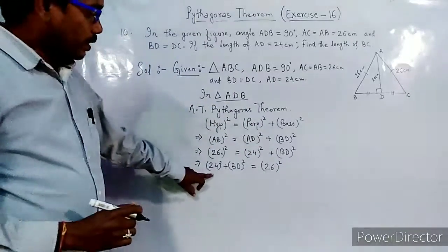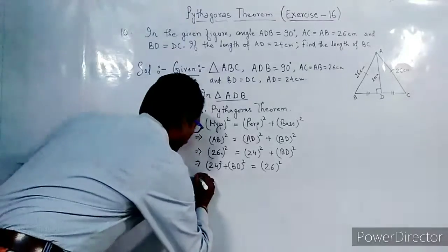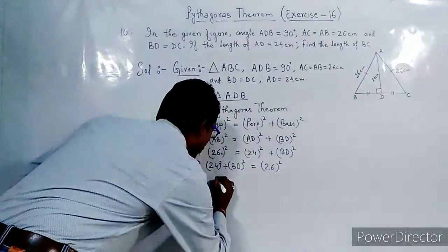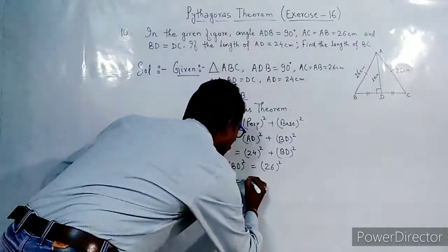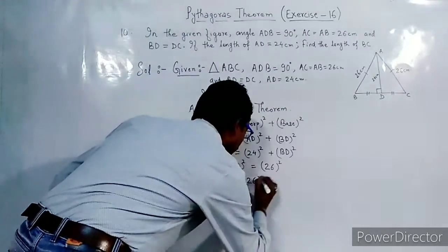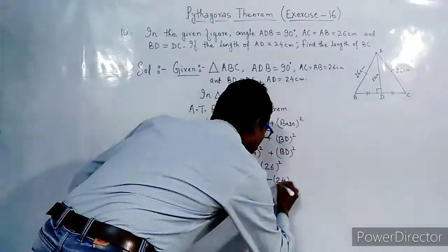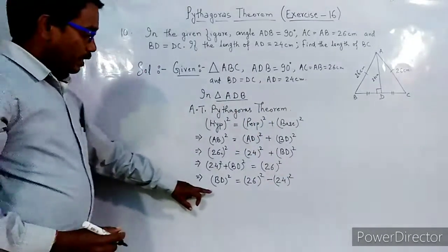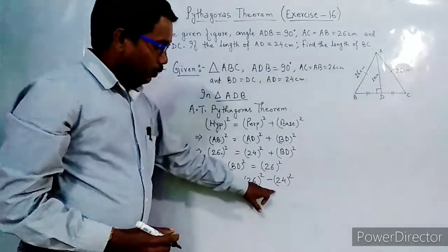Now bring this 24 to the right side, it will become minus. So BD square equals 26 square minus 24 square.